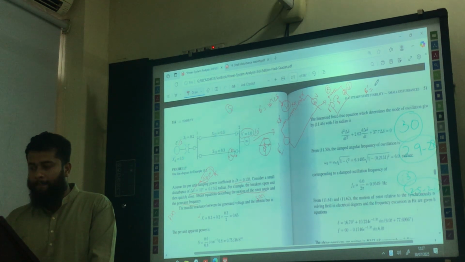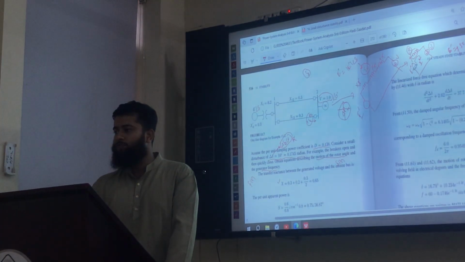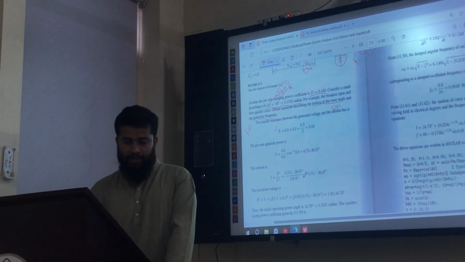It will be Ix plus V, right? But due to this x term, we need to put one j term here. So it will be simply V plus jIx. The voltage drop across this plus this voltage will be equal to this voltage. Look, this is your expression of E prime.